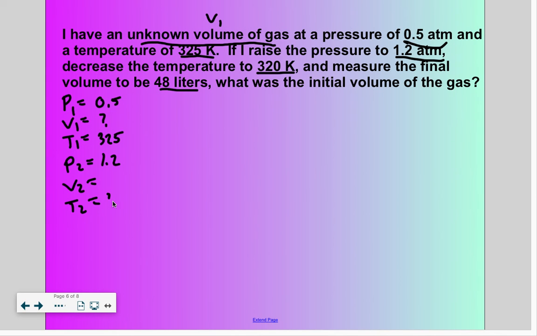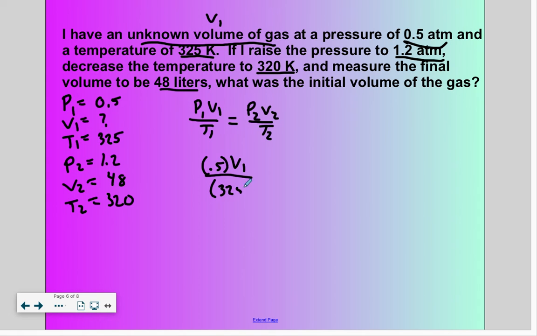Our final temperature is 320, and we're given 48 liters as our final volume. So this is combined gas law. We have P1 V1 over T1 equals P2 V2 over T2. So I'm going to plug stuff in. So we got 0.5, V1 is our unknown, over T1, which is 325, equals P2 1.2, V2 48, and T2 320.